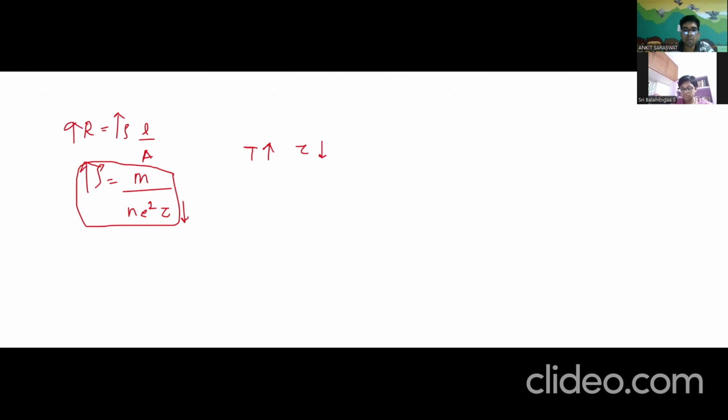So write down the next topic, combination of resistors.